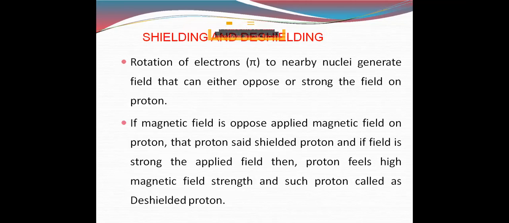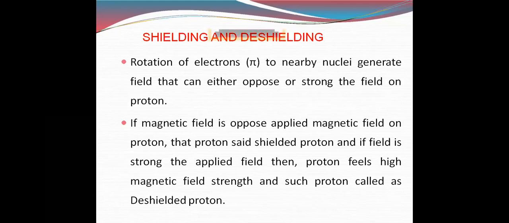So, shielding and deshielding. I have told you what we mean by shielding and deshielding: the rotation of electrons near the nuclei generates a field that can either oppose or strengthen the field on the proton. If the magnetic field opposes the applied magnetic field on the proton, then it is called a shielded proton.